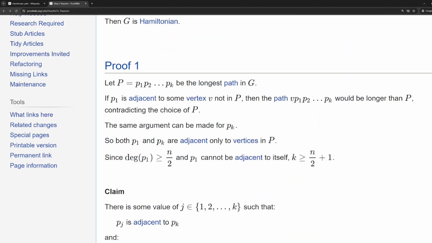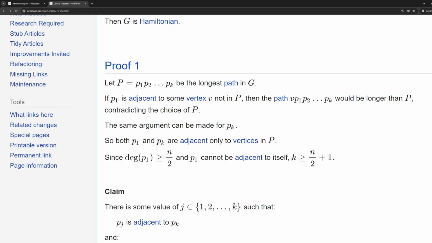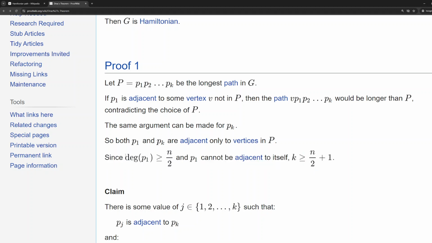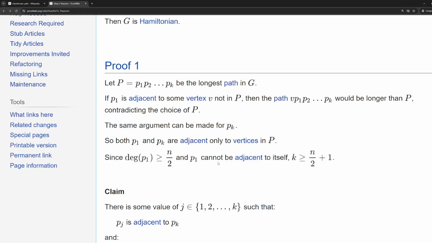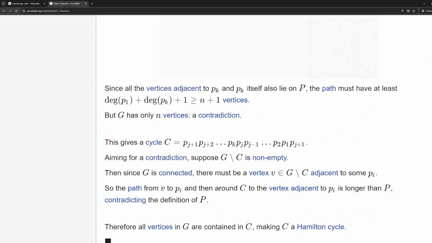So this line can be removed from the proof without any issues, because it is not used later. Why do you prove this if it's not used? The reason is that they took it from the correct proof, the proof without assuming connectedness, where we actually need this at the end.